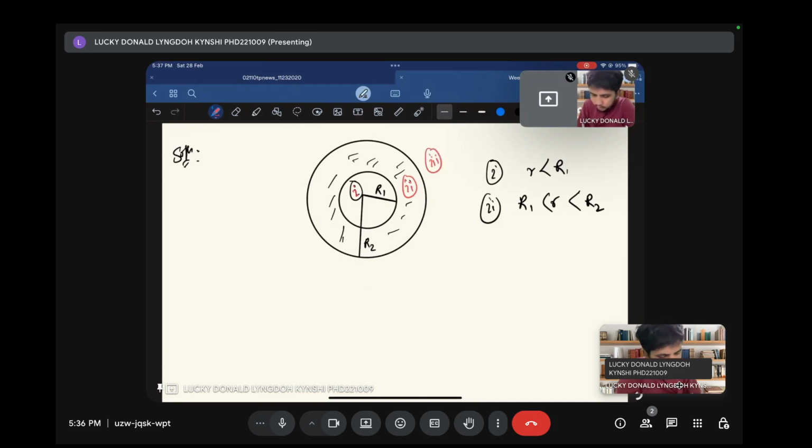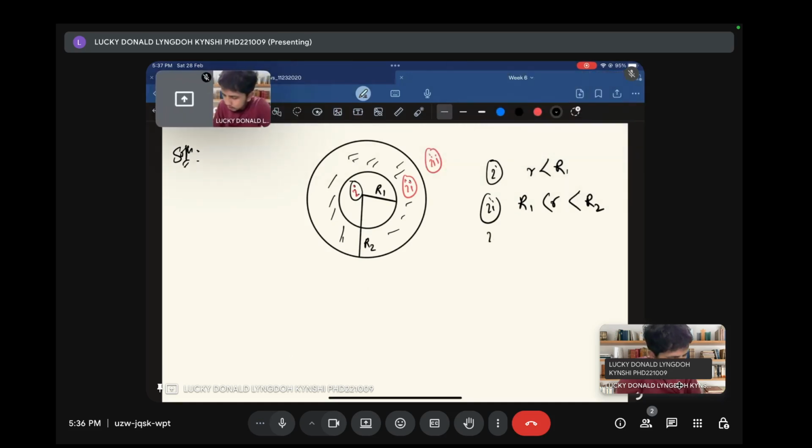Region 3 means r is greater than r2, that means outside of the spherical shell. Region 1 means less than the inner radius, region 2 means in between the inner radius and the outer radius, and the third region means outside of the outer radius.